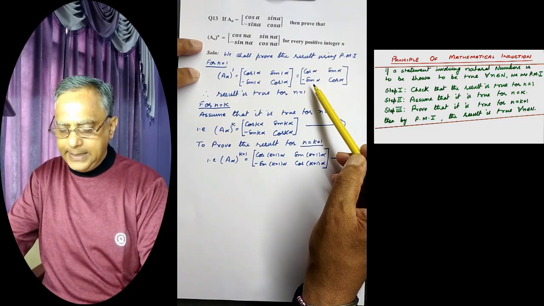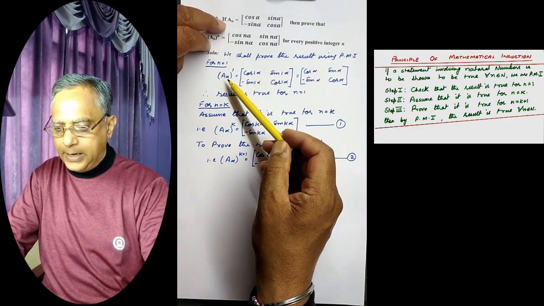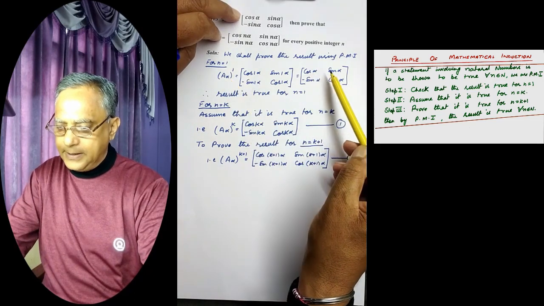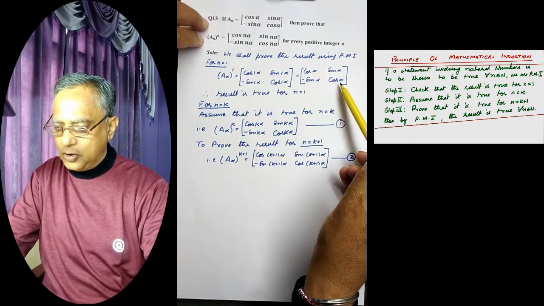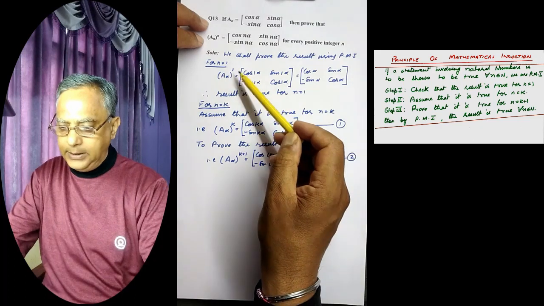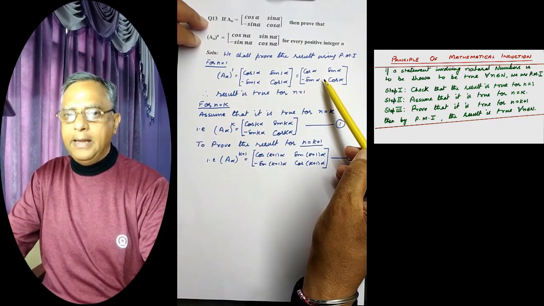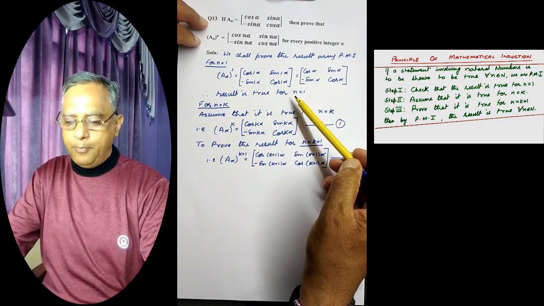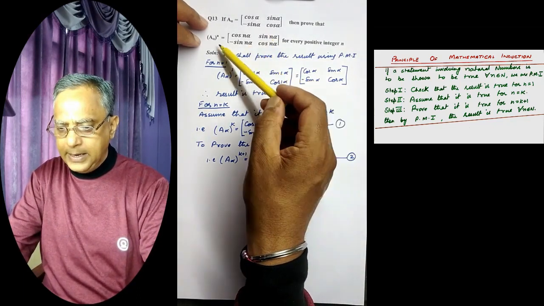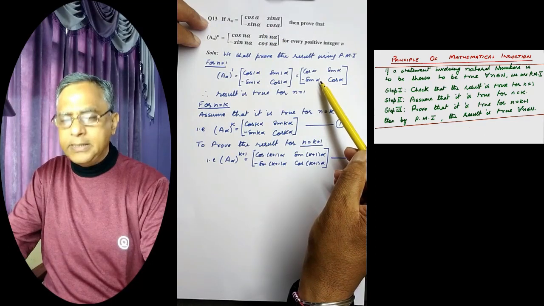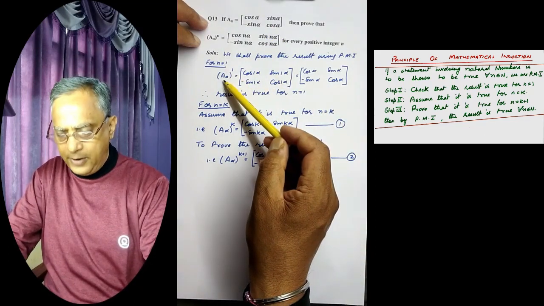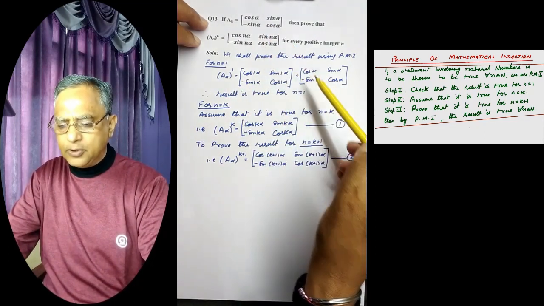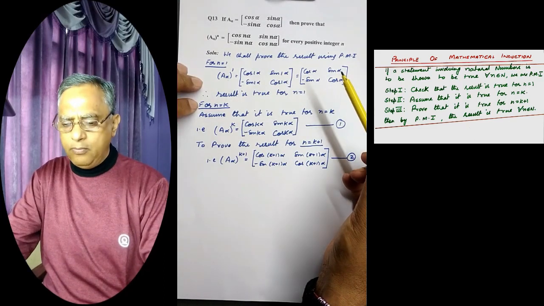So what we see is A alpha to the power of 1 is cos alpha, sin alpha, minus sin alpha, cos alpha. Therefore, for n equal to 1, this is nothing but A alpha. Therefore, result is true for n equal to 1. We put n equal to 1 here and check whether this is true or not. But we are given A alpha is this much. So this result is true by given.